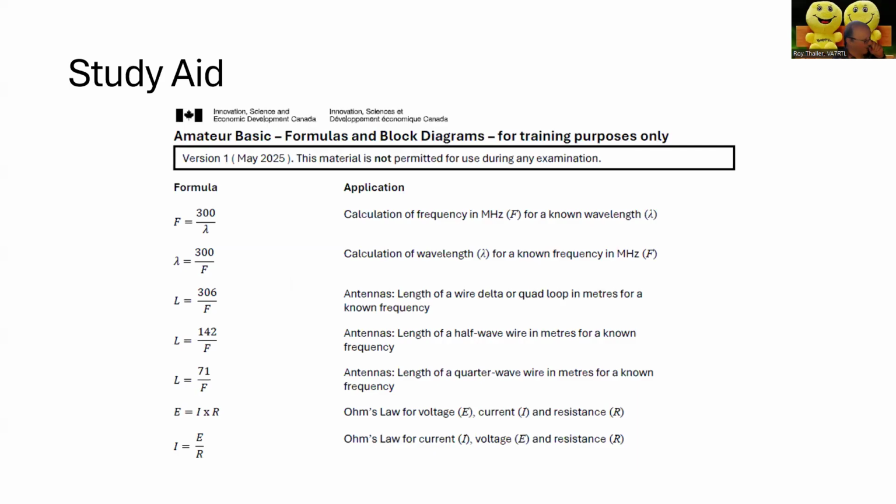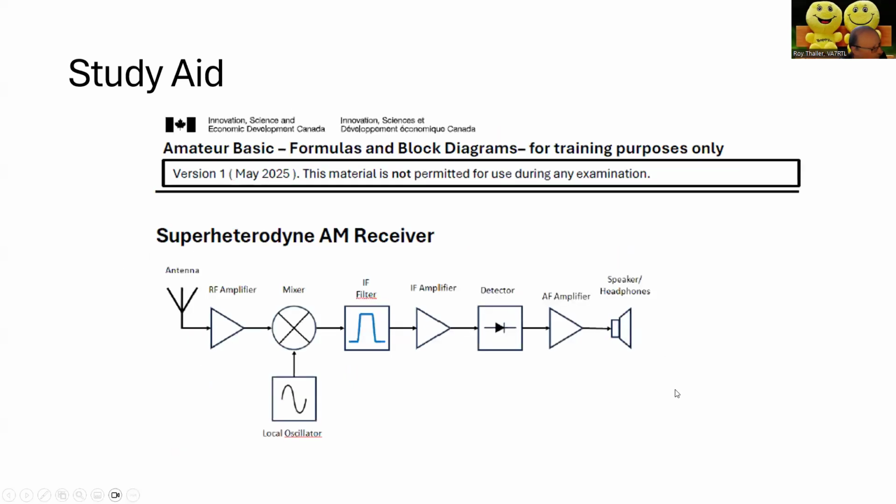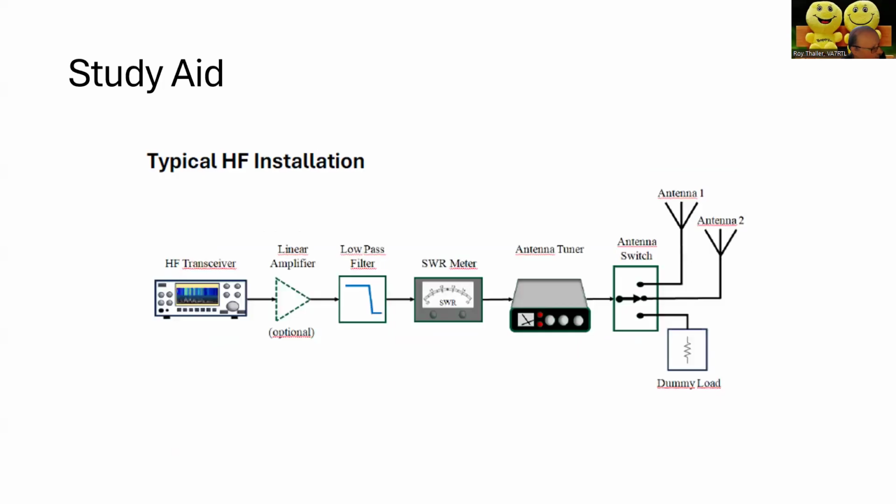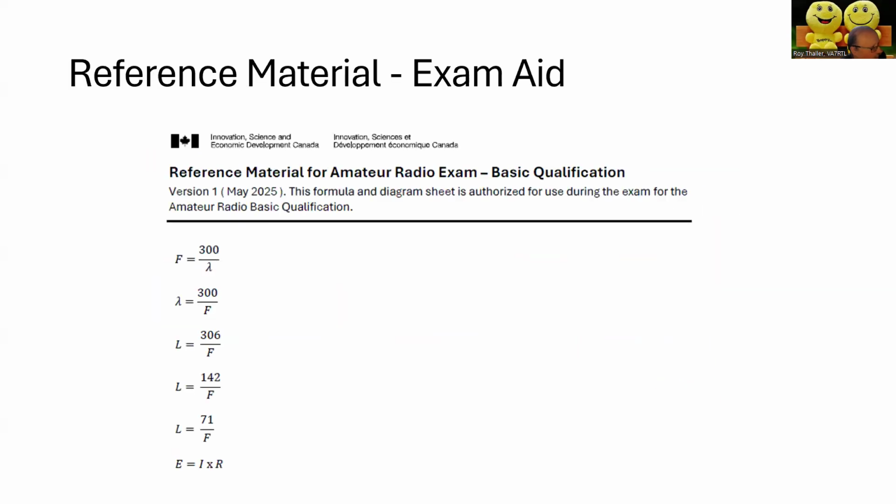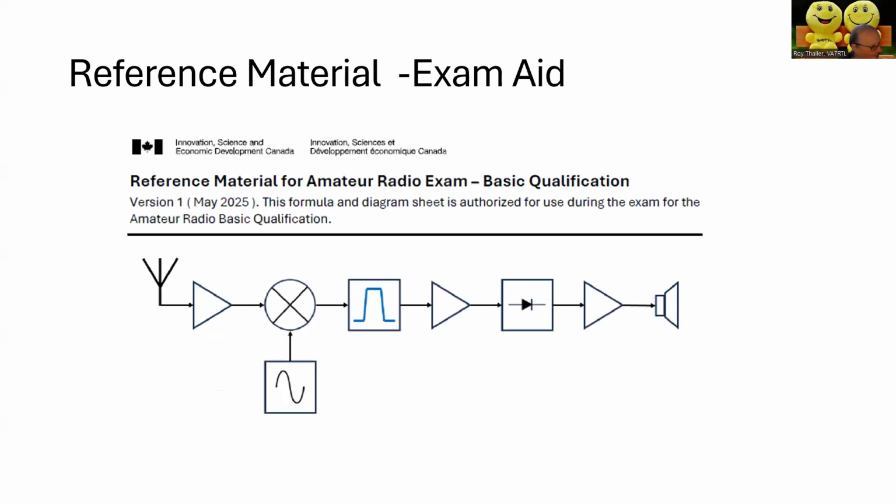The big difference here is that the study aid has words describing what it is. They also have diagrams of different receivers and transmitters and installations. But the reference material doesn't have any words, just gives you the formulas and the diagrams, but nothing is labeled. And those you can bring into the exam.